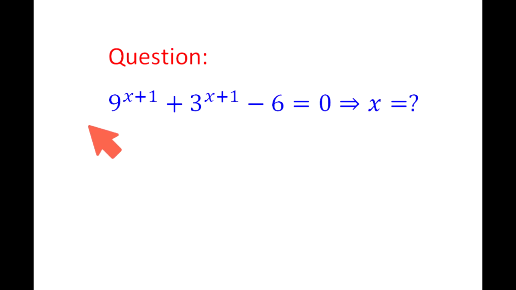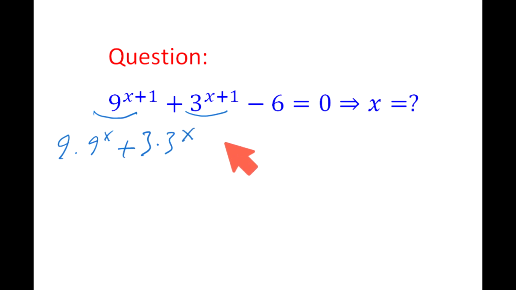Well, if you expand the whole equation, in the next step we're going to have, the first term is 9 times 9 to the power of x, right? Plus, by using the second term, we can write 3 times 3 to the power of x minus 6, which is equal to 0, guys.